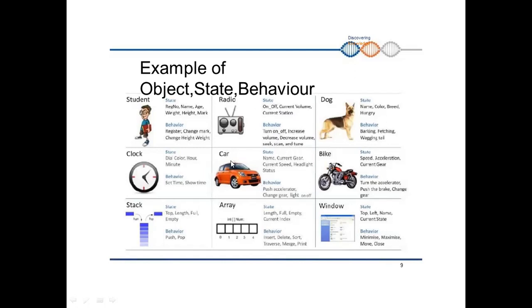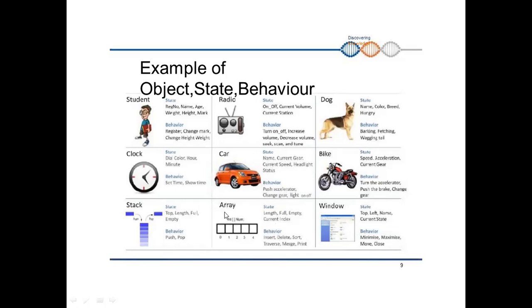Next object is car. For a car, state can be name, color, current speed, current gear, headlight status, and many others can be added. Behavior can be push accelerator, change gear, light on, off. You can add other functions as per your requirement.